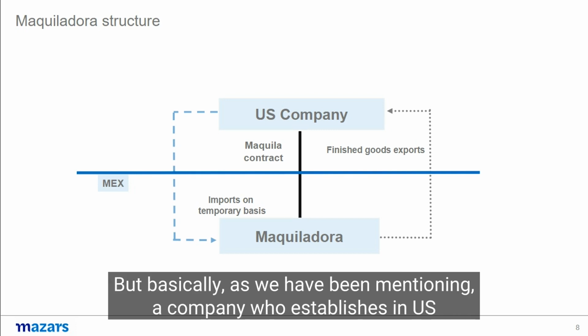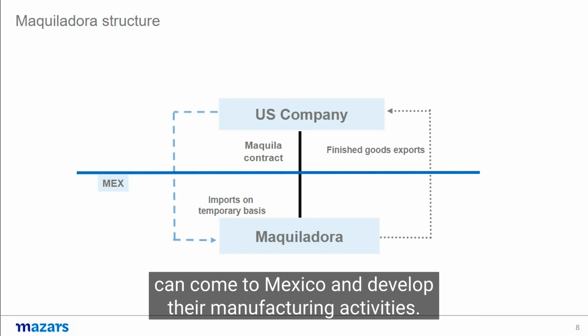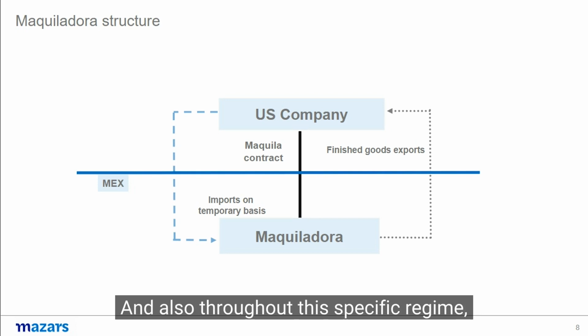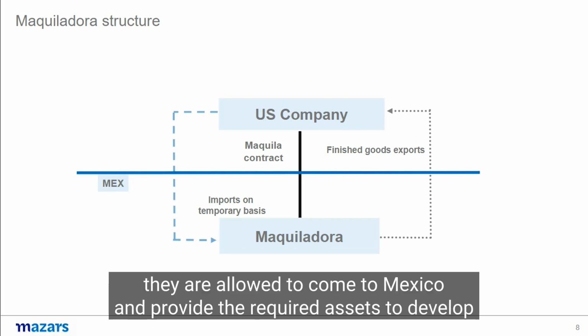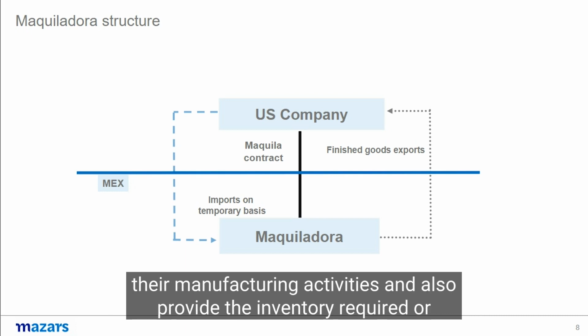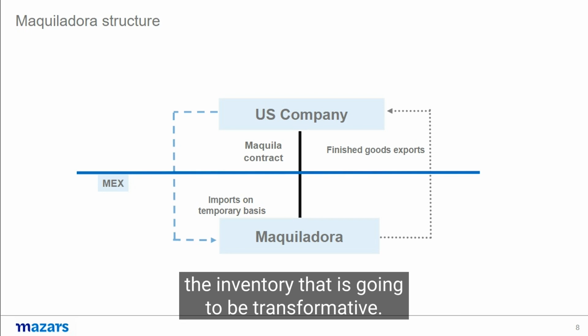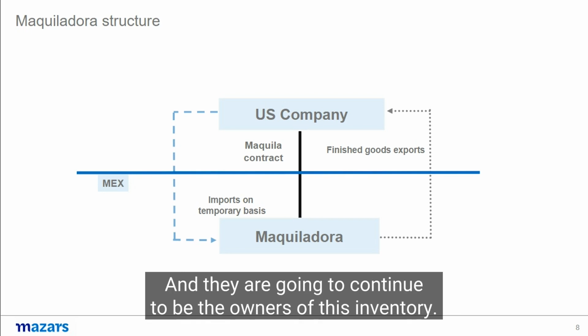But basically, as we have been mentioning, a company established in the US came to Mexico and developed their manufacturing activities, and through this specific regime, they are allowed to come to Mexico and provide the required assets to develop their manufacturing activities, and also provide the inventory that is going to be transformed, and they are going to continue to be the owners of this inventory.